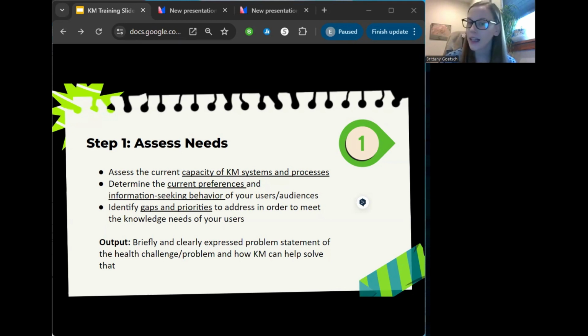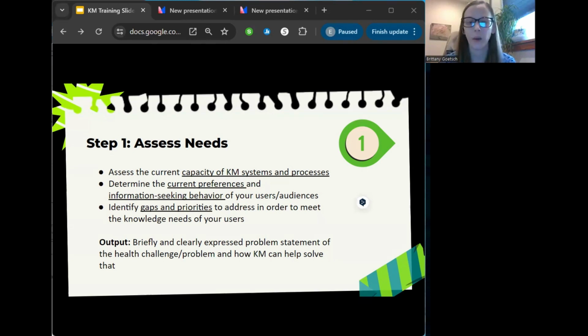And depending on the findings, knowledge management can be a central part of the solution, or it could play a supporting role to other strategies. This step is relevant regardless of whether you're assessing the needs of your internal employees or external audiences.